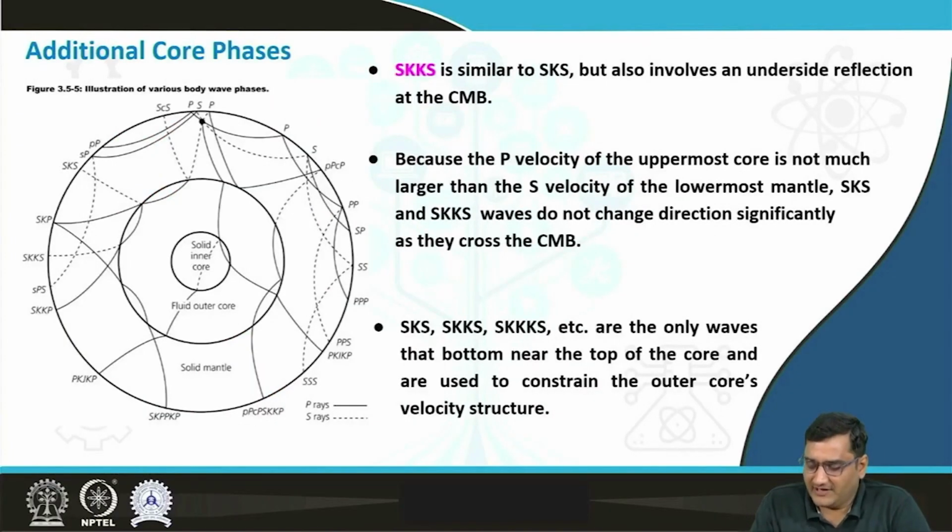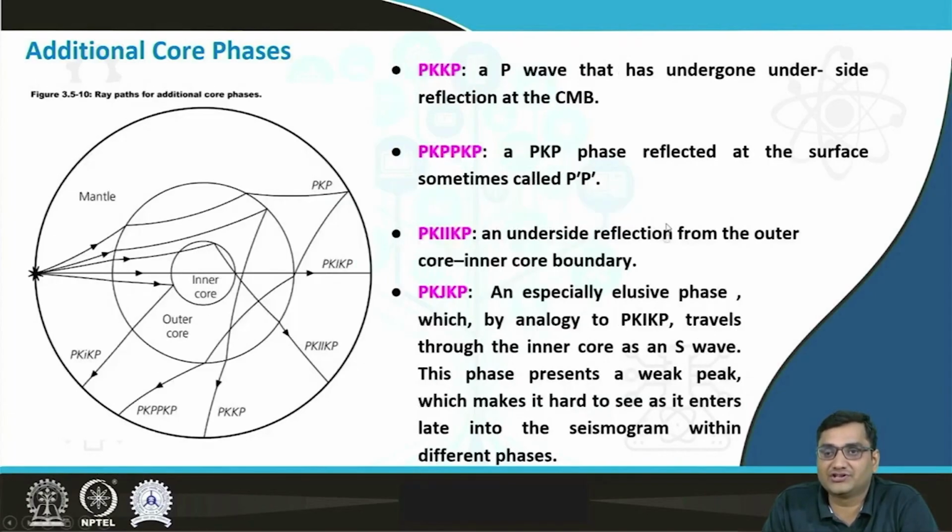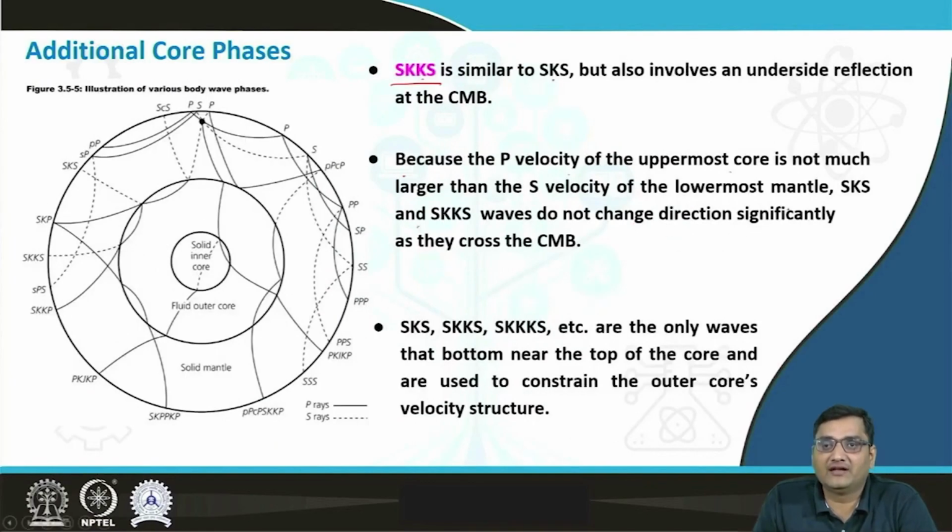There are other phases that can also be recorded as additional core phases, that means the SKS phase and SKKS phase. SKKS is similar to SKS, but it has one more reflection at the core mantle boundary. Because the P wave velocity of the uppermost core is not much larger than the S velocity of the lowermost mantle, SKS and SKKS waves do not change direction significantly as they cross the core mantle boundary.